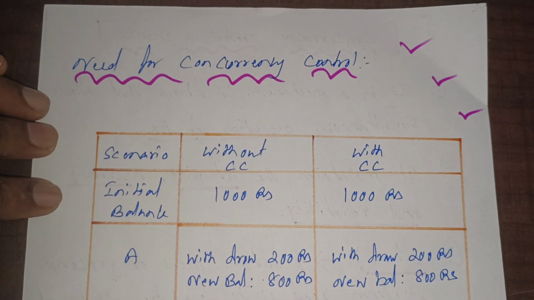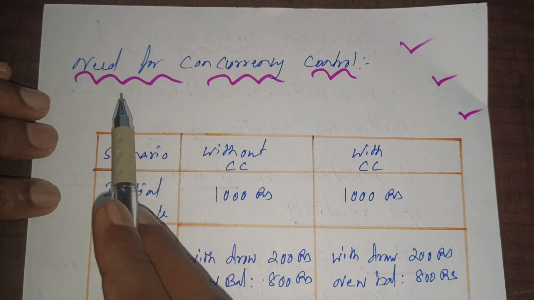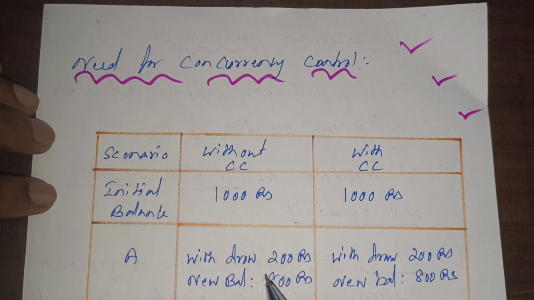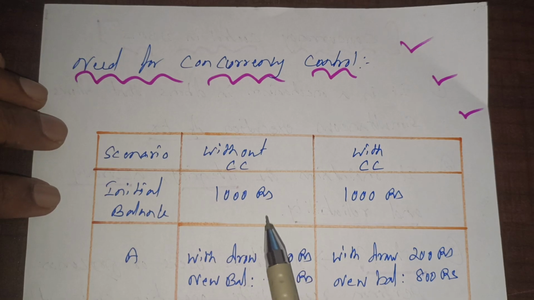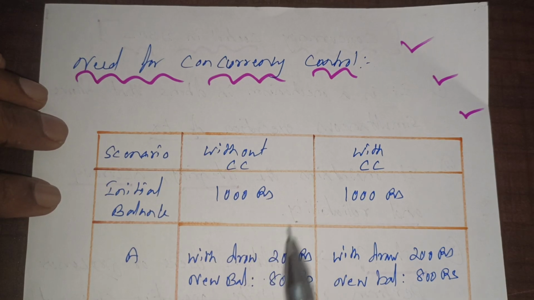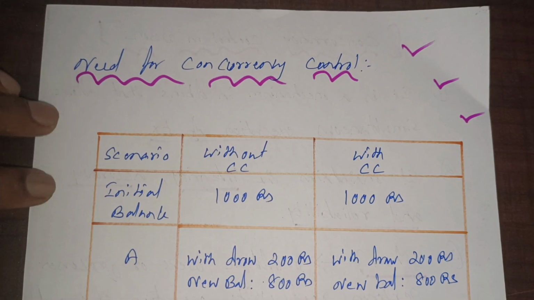You can ask: why is concurrency control needed? Basically, it prevents conflicts between simultaneous transactions. That is the main important point. We'll see what the conflicts are one by one.